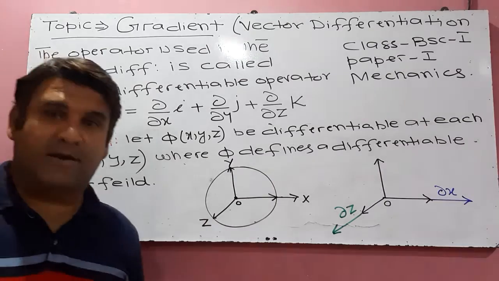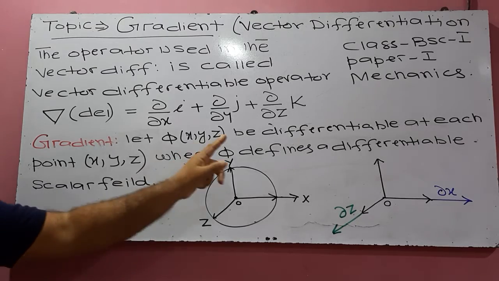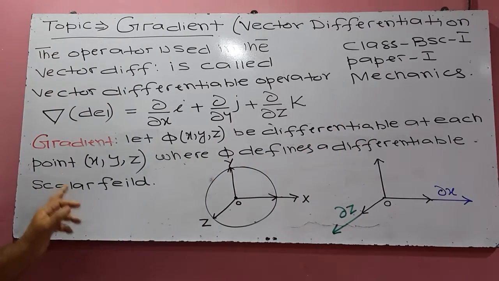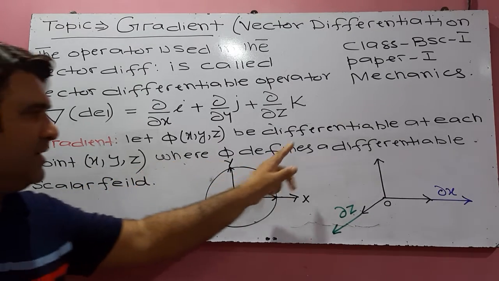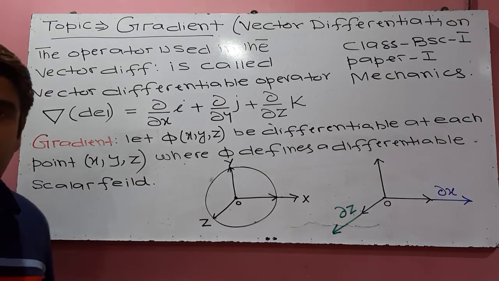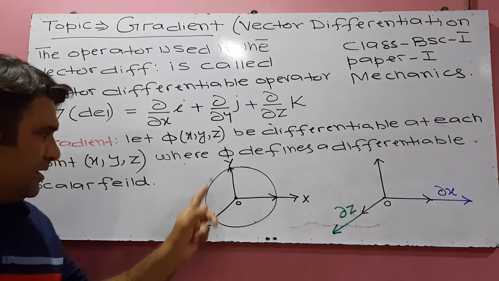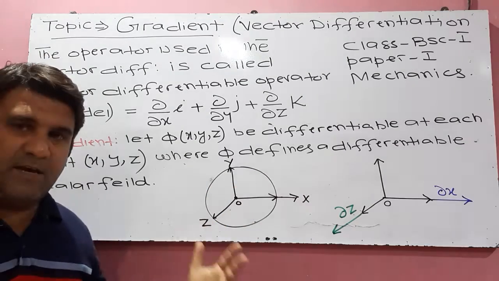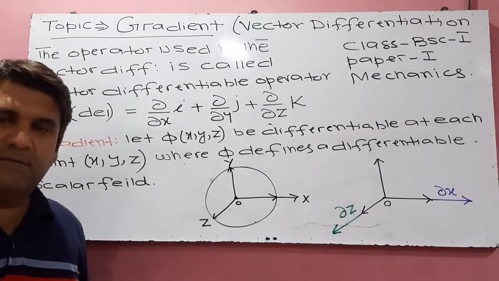Now, what is the gradient? Let phi x, y, z be differentiable at each point of the space x, y, z, where phi defines a differentiable scalar field. Suppose we have a scalar field which contains three variables x, y, and z.